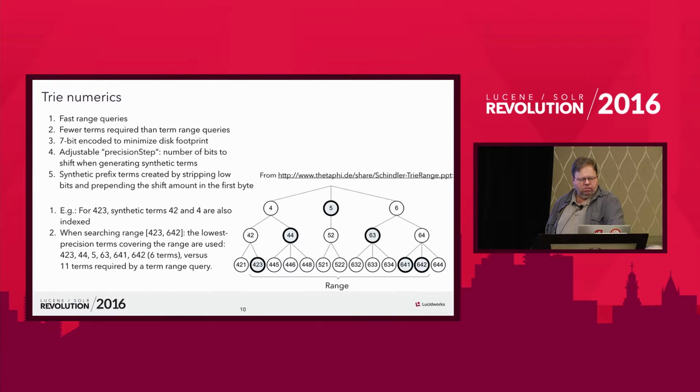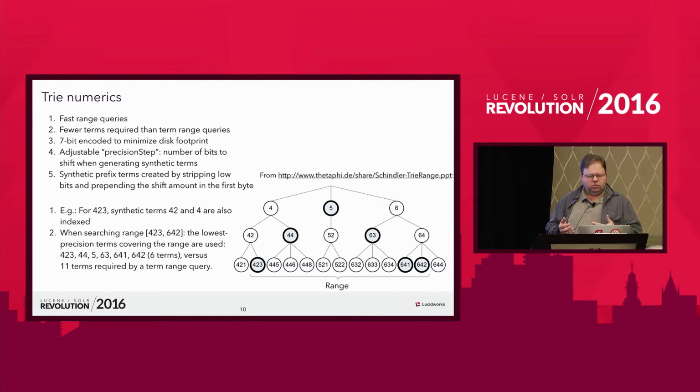So a brief discussion of what Trie numerics are and what they aim to do. The intent was to allow for fast range queries because unlike term range queries, which require enumeration of all terms in between the beginning and end range, Trie range queries could be constructed in such a way that there are far fewer terms.